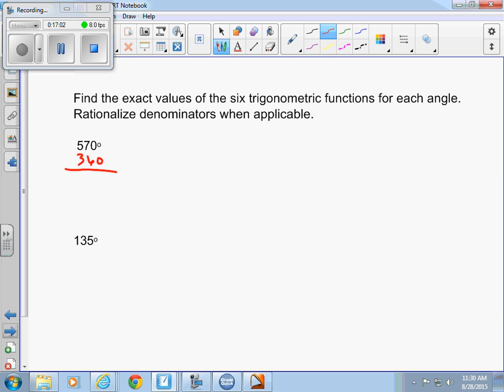Here's 210. How far away from 180 is 210? 30 degrees. So do we all agree this little reference angle is 30 degrees? Always make the angle with the x-axis. Any questions?